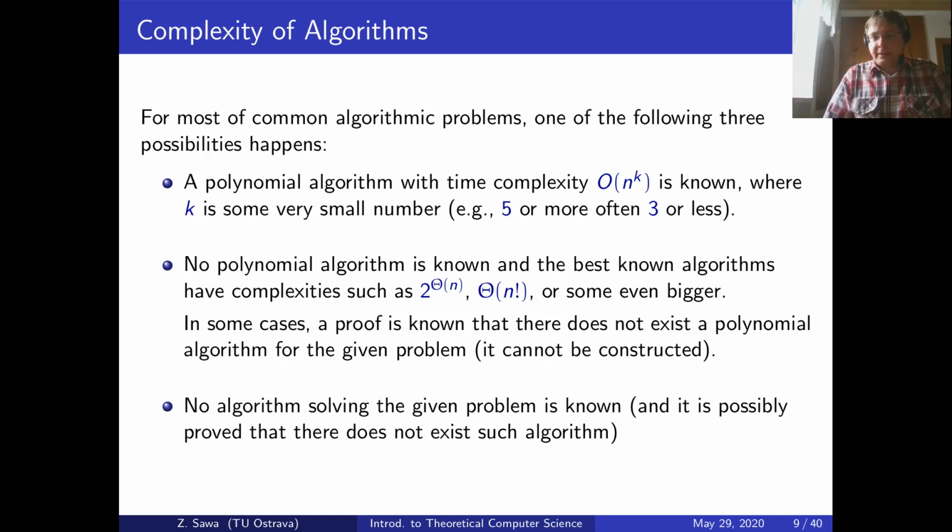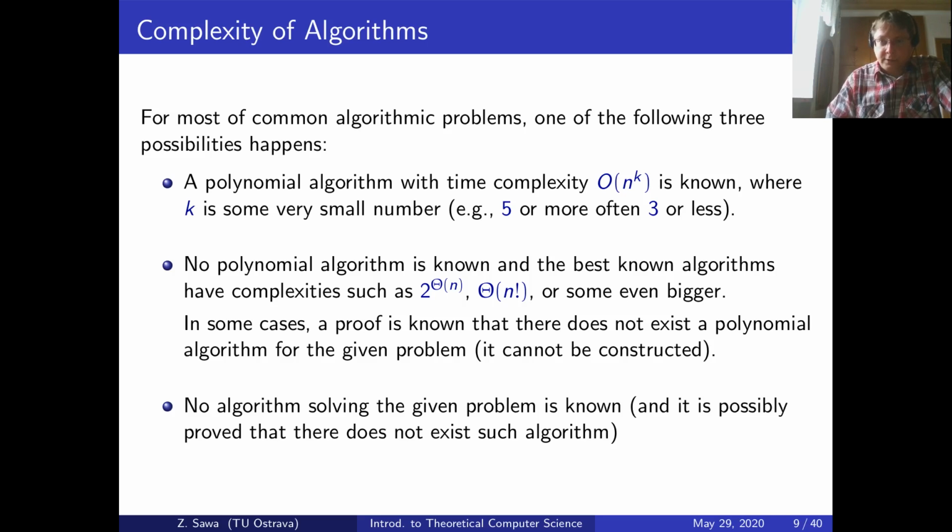But what is also very common is that there is no known proof that a polynomial time algorithm cannot exist. I will discuss these things in more detail later.